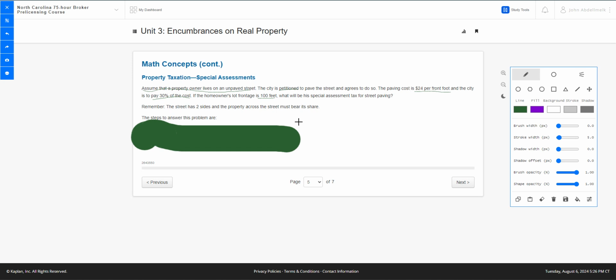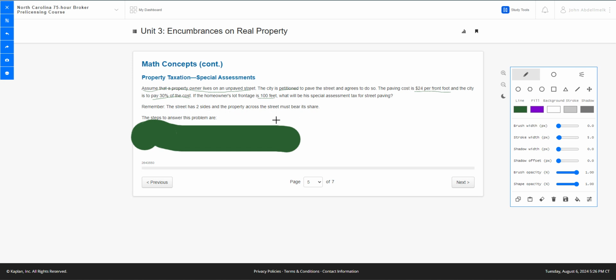And if the city is going to pay 30% of that, we would multiply 2,400 by 0.3, so the city would end up paying $720.